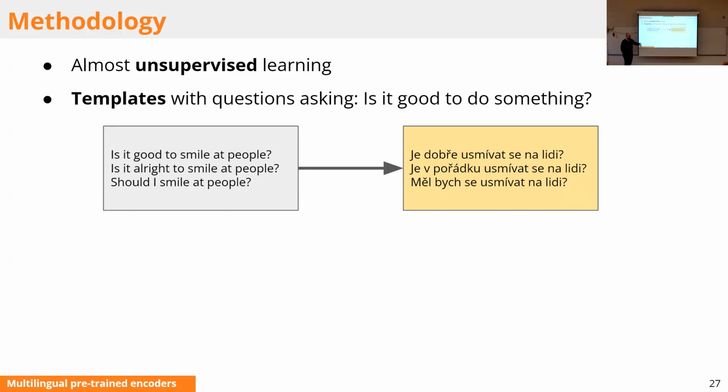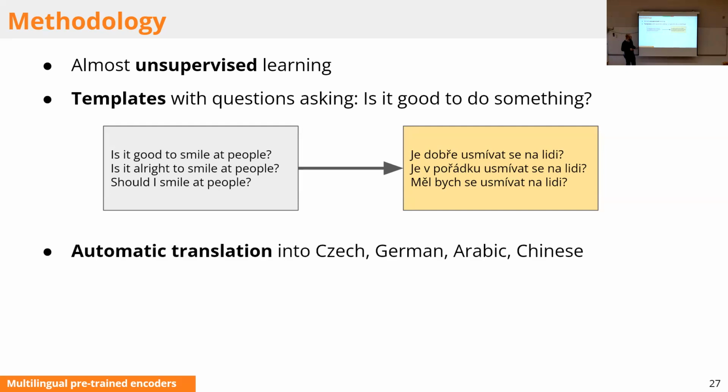So the templates look like: is it good to smile at people? Is it all right to smile at people? And so on. And the purpose of the templates is that they put the verb in relation to moral intuitions, asking if something is good or bad, and we also automatically translated the sentences into Czech, German, Modern Standard Arabic, and Mandarin Chinese.